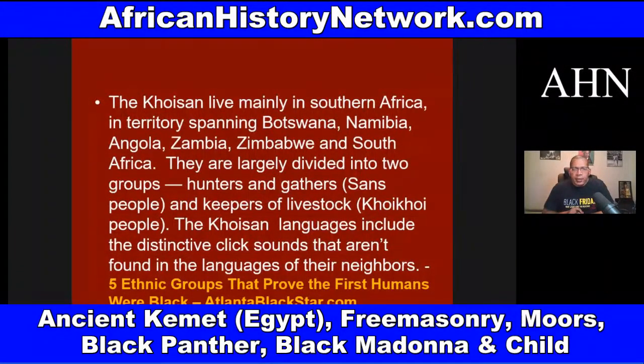They are largely divided into two groups: the San people, hunters and gatherers, and the Khoi people, keepers of livestock. The Khoisan languages include distinctive click sounds that are not found in the languages of their neighbors.